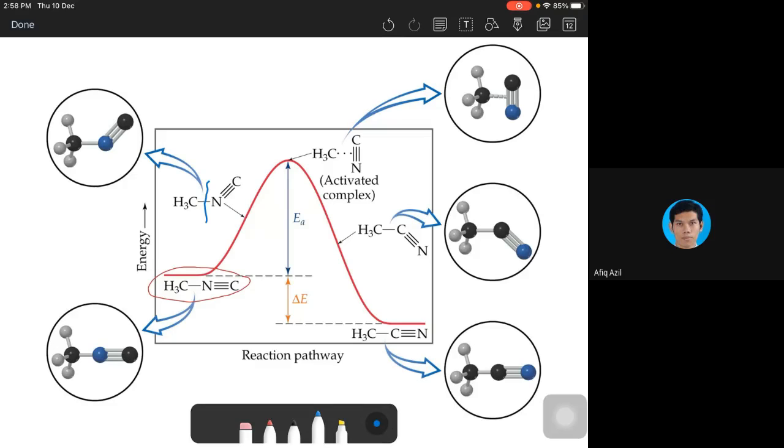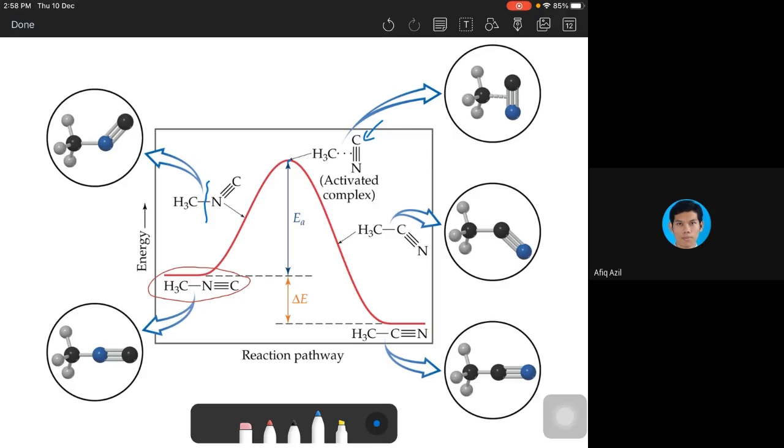But the energy required is what we call the activation energy. At the top over here, once it has enough energy, the C-N bond will break. Now it straight away becomes this perpendicular structure, also known as the activated complex. And then finally, it will form the product in which the C-C bond forms, instead of the carbon bonded to the nitrogen.